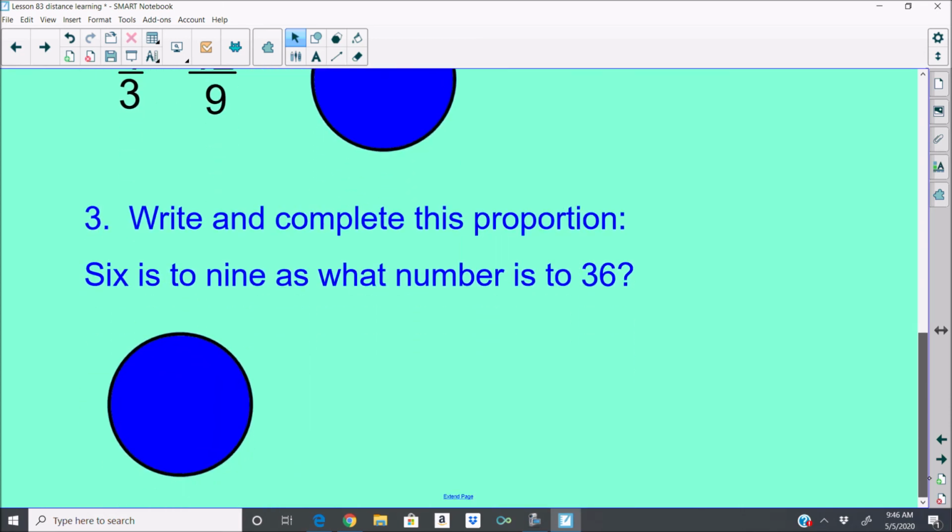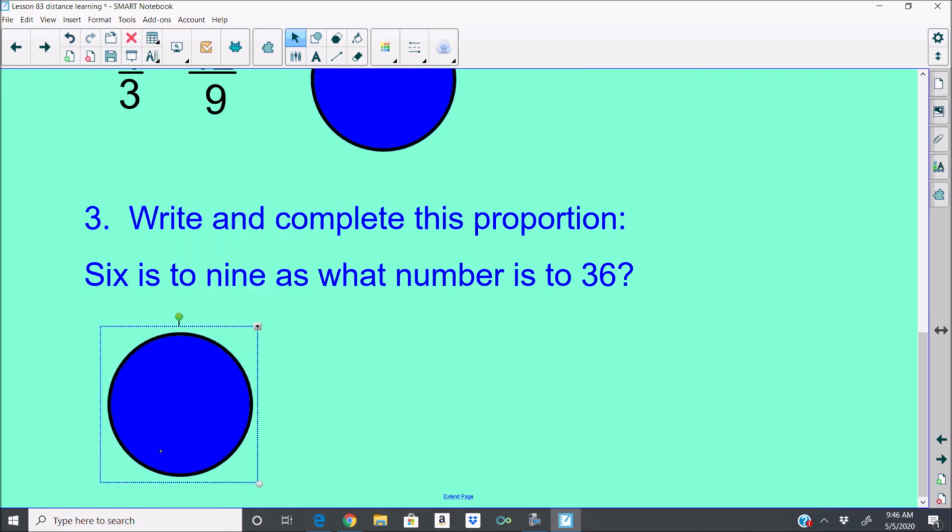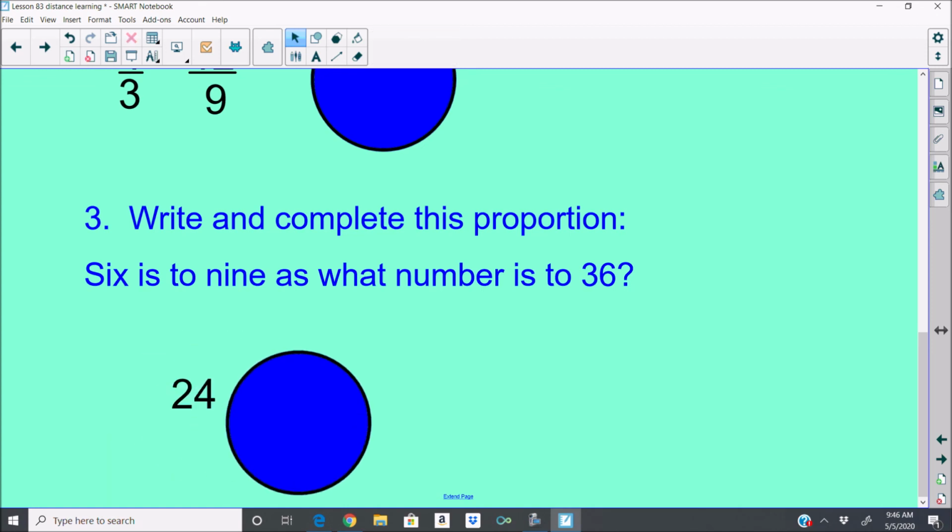And the last one, write and complete this proportion. 6 is to 9 as what number is to 36? There we go.